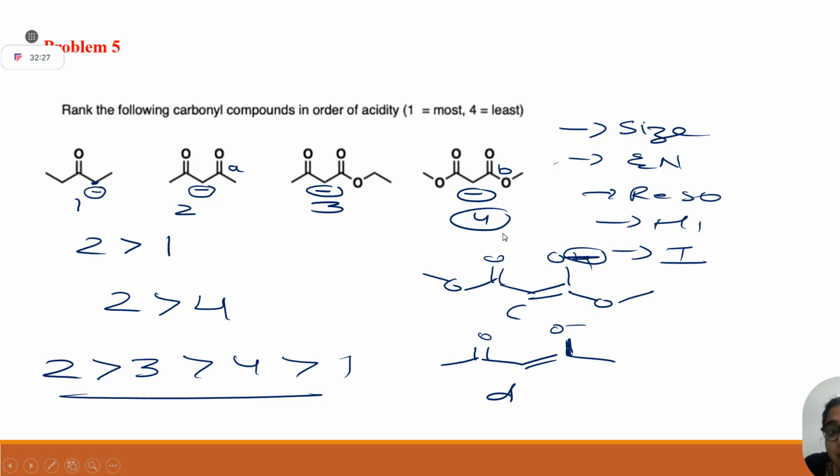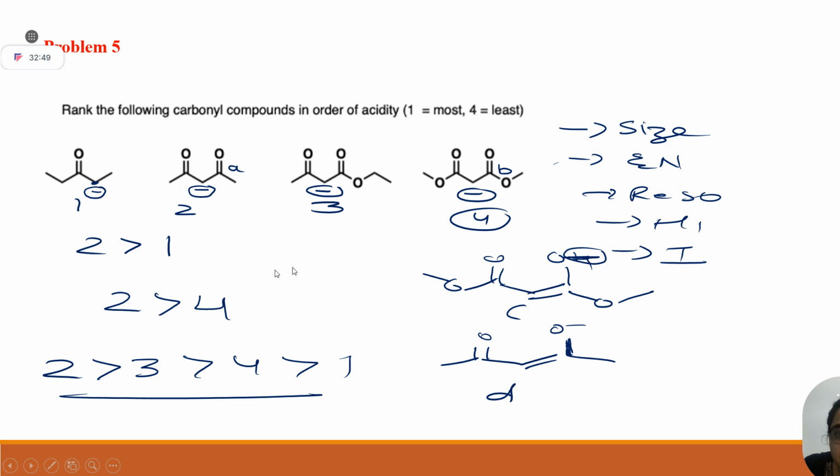I'm asking about the carbon. Obviously, A will be electron deficient, because here CH3 is not assisting as much as this oxygen is assisting this carbon. This is clear, that the ketone carbon is more electrophilic than your ester carbon.